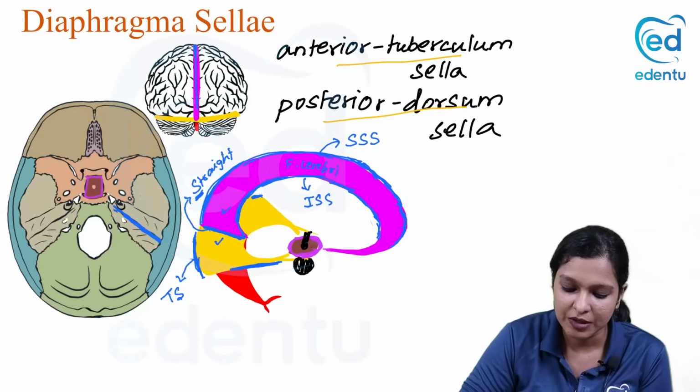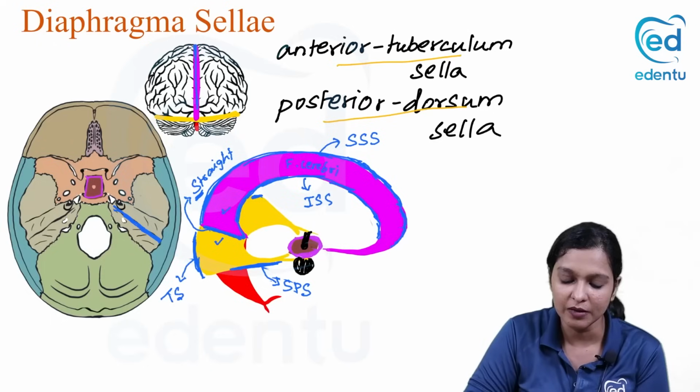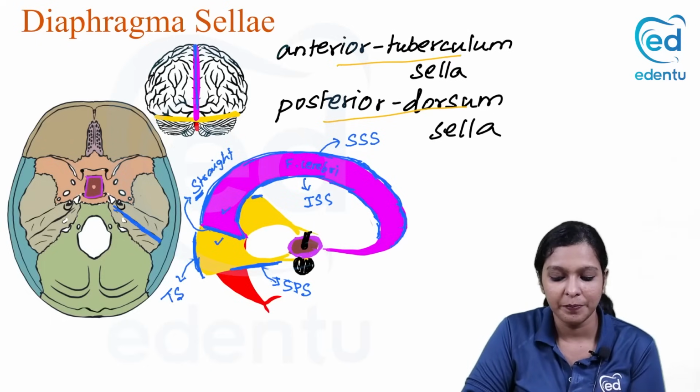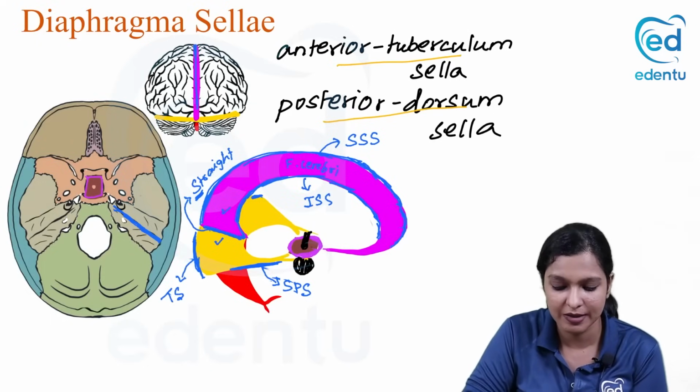So this is the transverse sinus, and this is the superior petrosal sinus. Related to the tentorium, we have the transverse and superior petrosal sinuses.